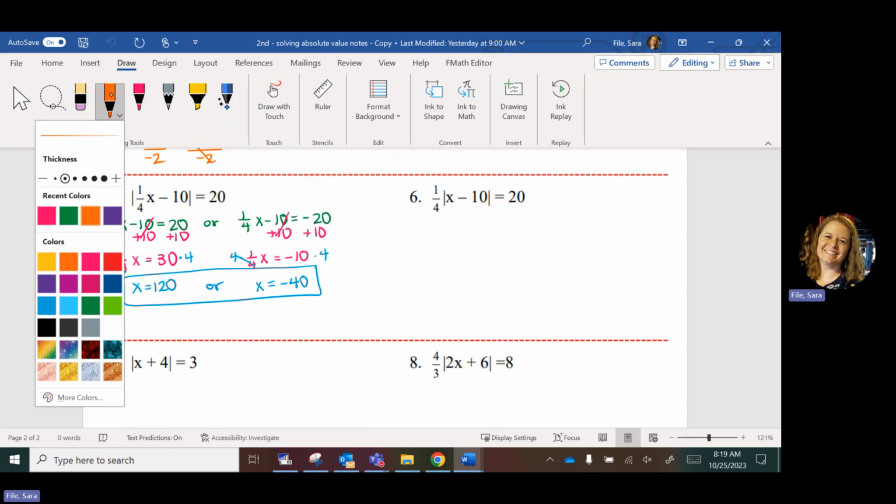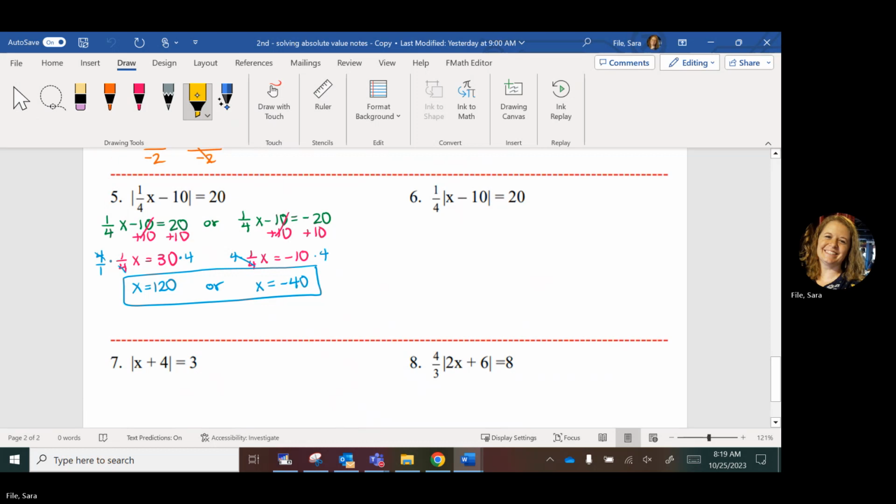So remember, step 1 is to isolate the absolute value expression, which over here was already isolated. All of that is in the absolute value bars, so there was nothing outside of it that I needed to move to the other side.